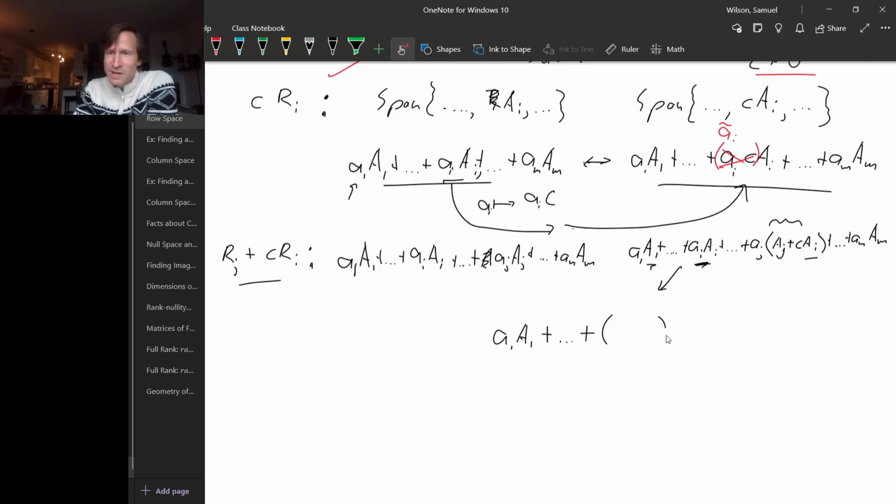And here we have two terms with the ith row in it, so we can factor out that ith row, and the two terms are a sub i and c times aj, so c aj. All the rest of them don't change until we get to the jth row, but the jth row is just aj times the jth row, and then the rest of them are all the same. So a sub m, mth row.